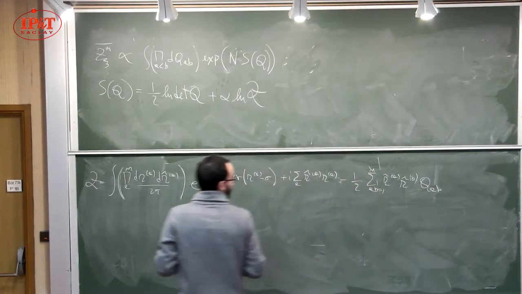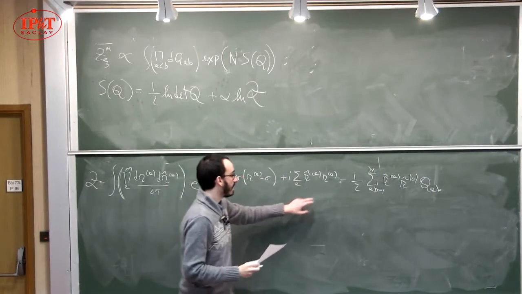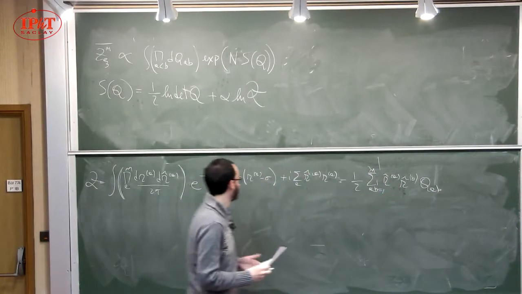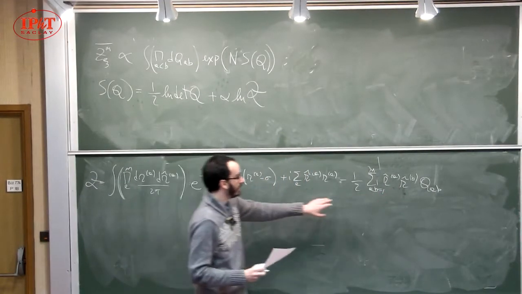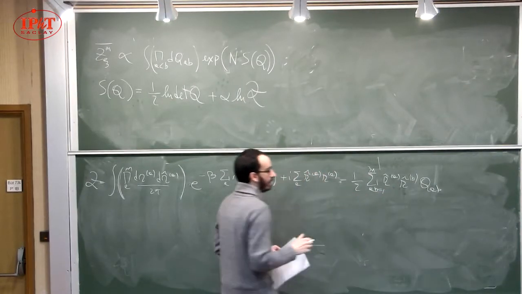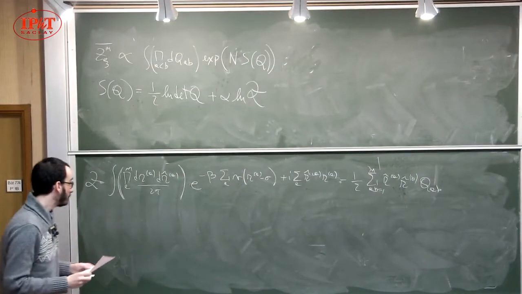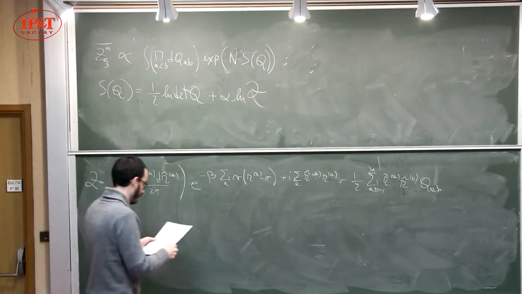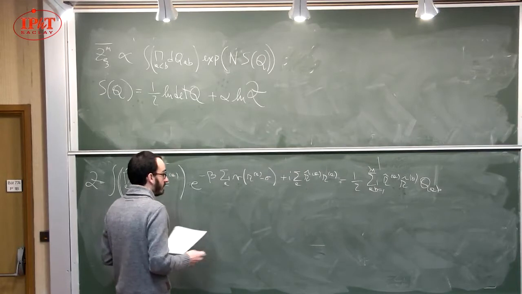So now what I do is I transform this integral, that is a Gaussian integral over, actually it's not Gaussian, but it has a Gaussian term. So I want to transform this Gaussian term into a differential operator. And the trick is very easy.